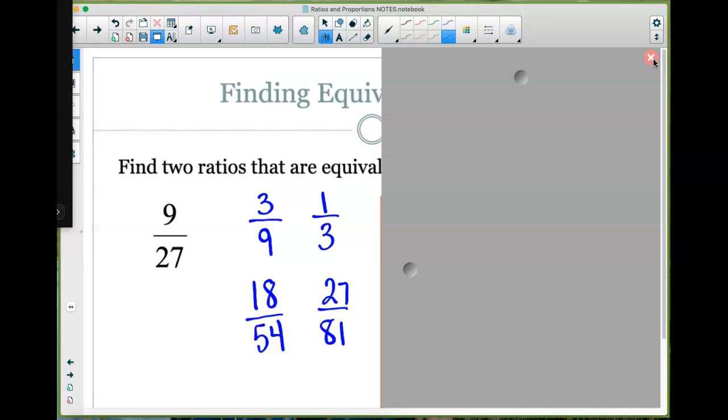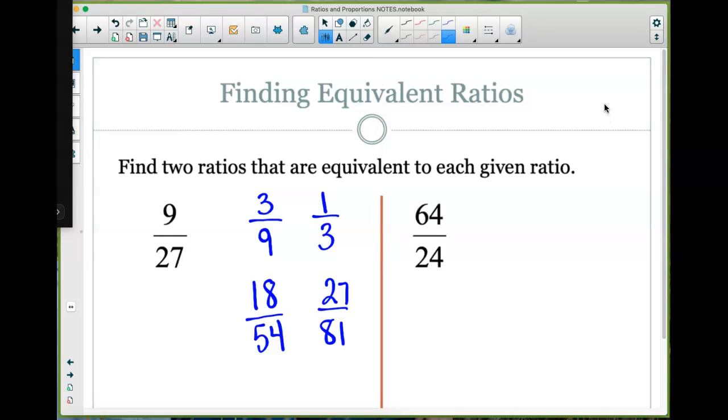Okay, here's one more. 64 to 24. Find 2 ratios for that one.